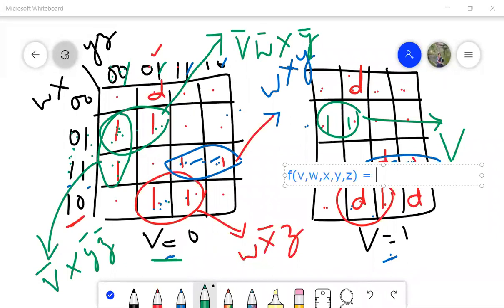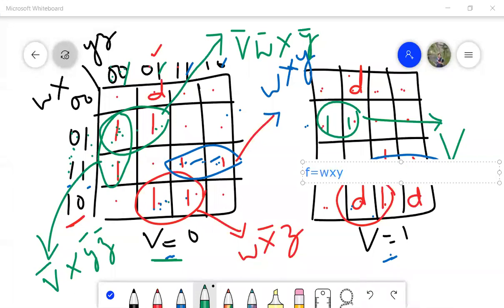What is the first one I got? W, X and Y, the blue one which we solved. So F is equal to W X Y.